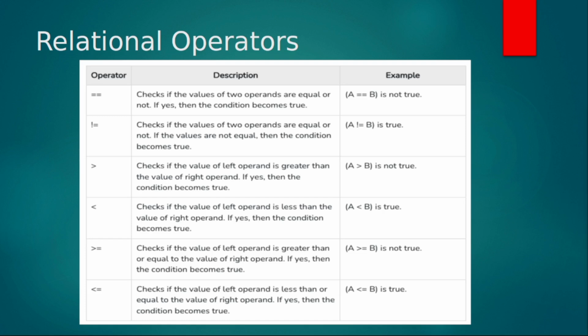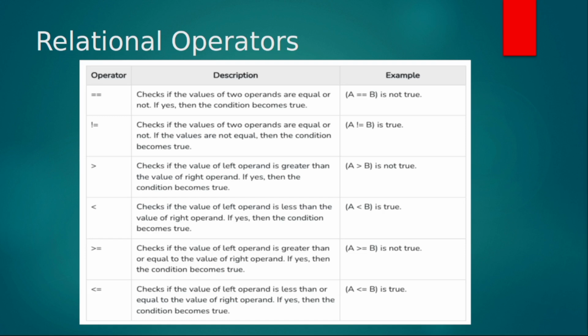So it means that you can use the result of these relational operators in your conditional statements. We would be considering conditional statements immediately after we complete the sessions on operators.